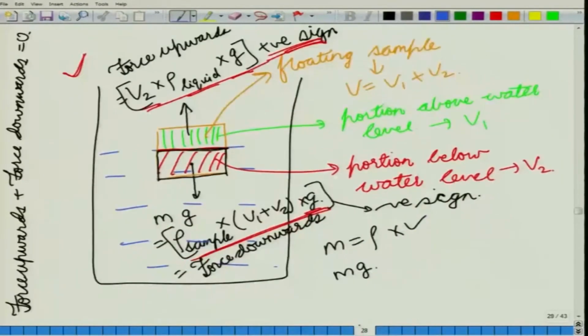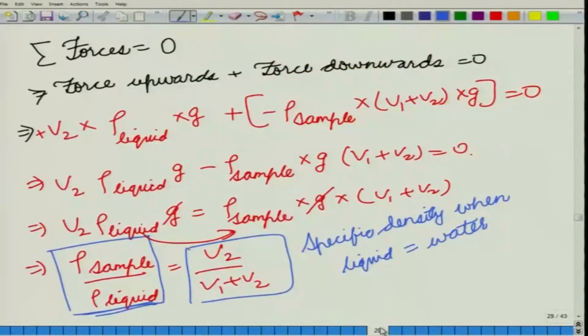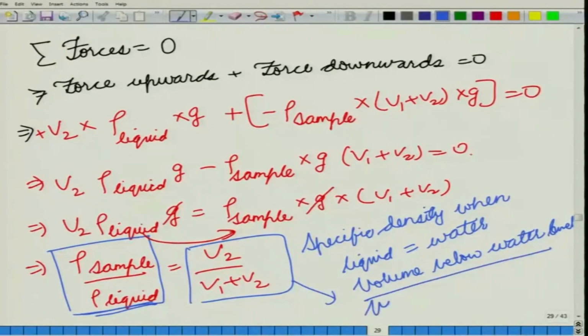Now, what is V2? V2 is the portion that is below water level. So, this is equal to the volume below water level divided by the volume of sample.